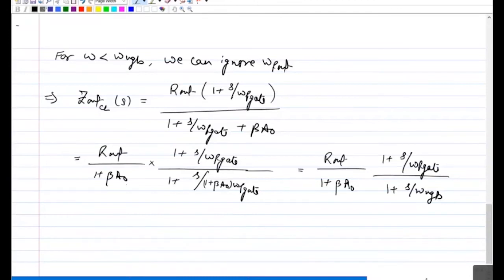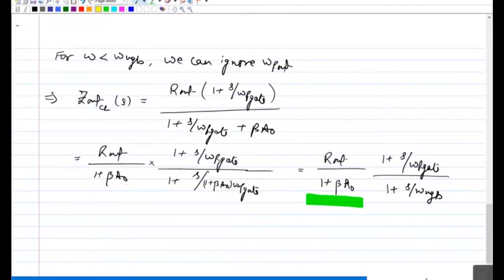And if you remember the DC gain in the feedback, that is not affected, and you can see it here. This R out over 1 plus beta I naught remains the same whether you have a first order or second order system. It doesn't matter. Depending upon first or second order, all that matters is your high frequency response, and now it has changed. In the first order, what was happening?